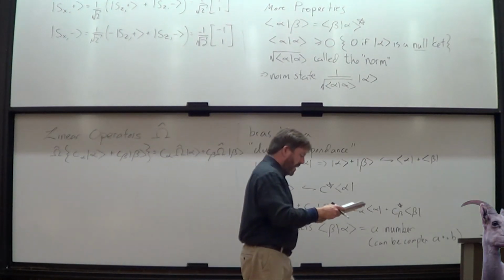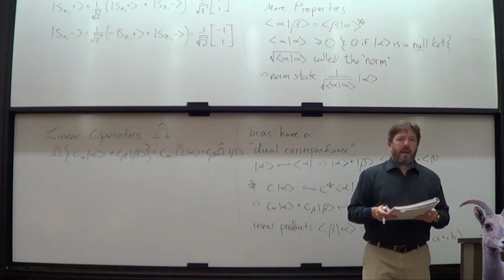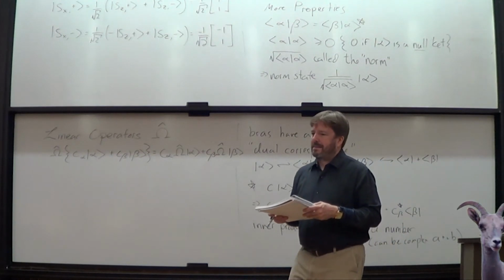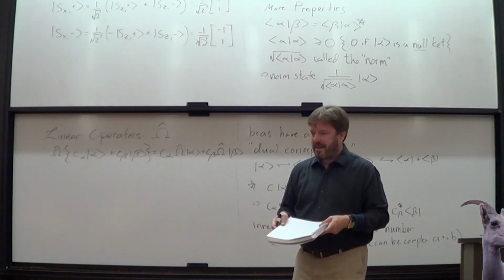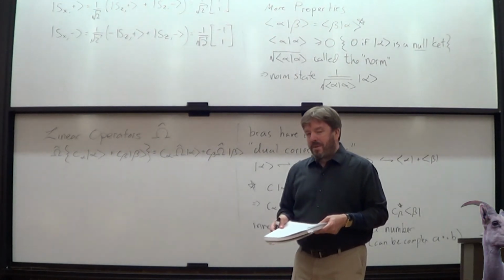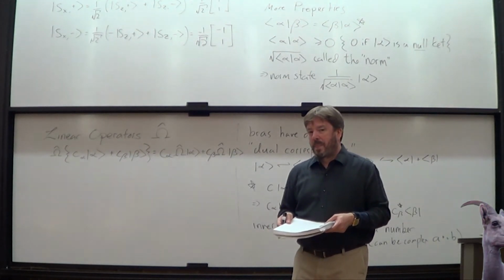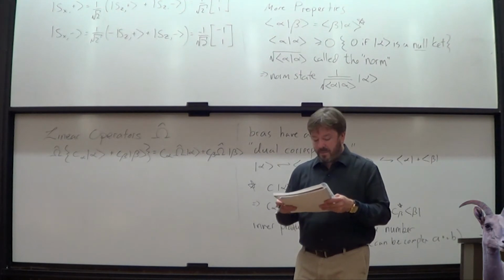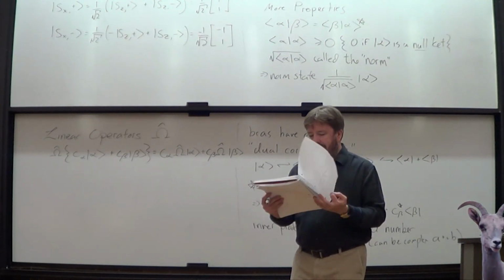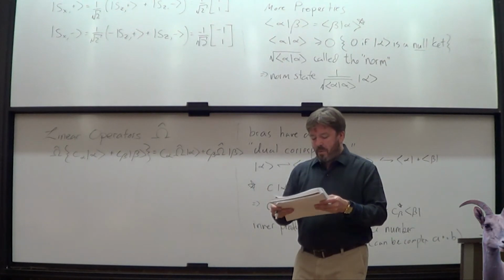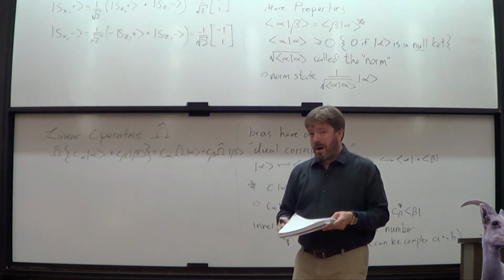All right, now we're going to get into something new. What happens when an operator works on a ket? It's pretty easy. And we're going to go over that in a minute. But what about when an operator works on a bra?